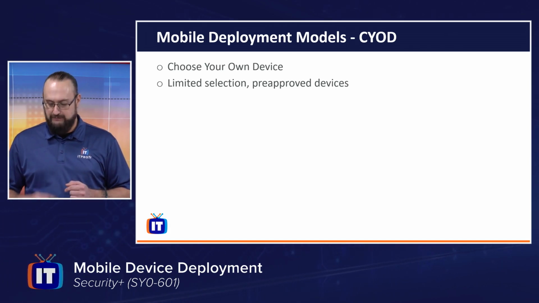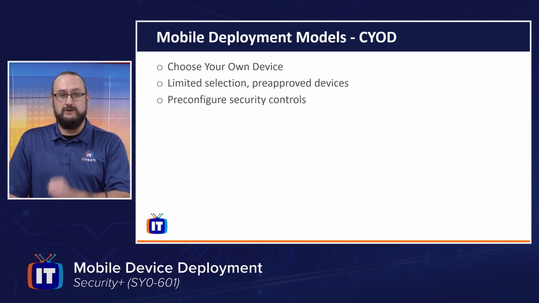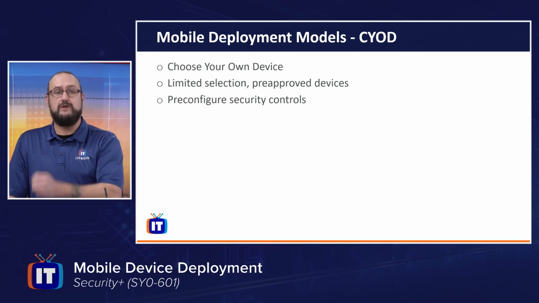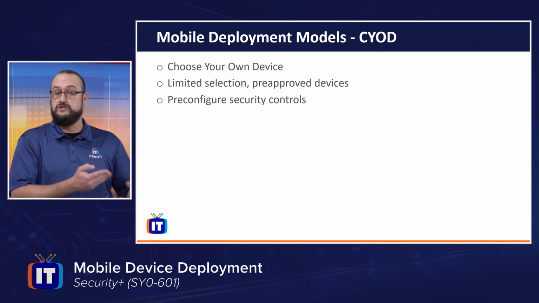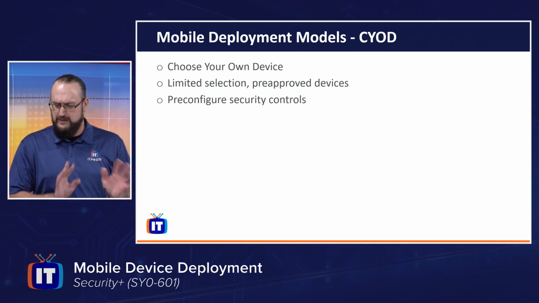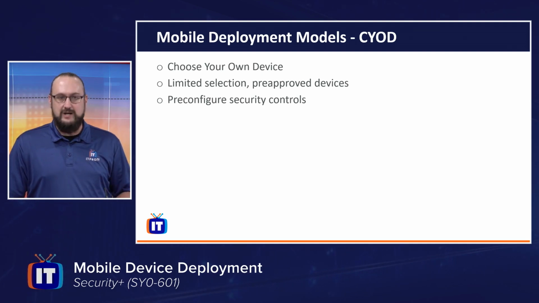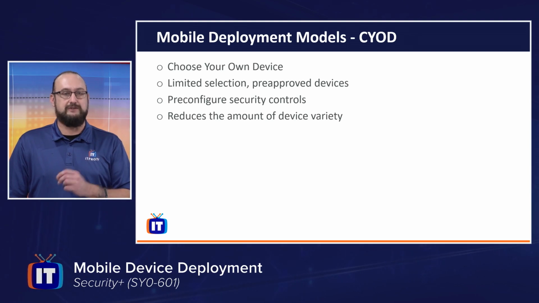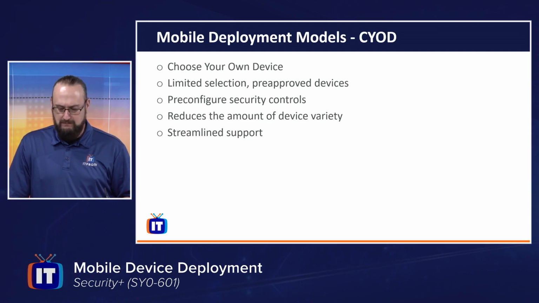These are pre-approved devices because your company can have pre-configured security controls, right? They can pre-configure the security controls and then just give you the device that you can choose, right? So you've got a little bit of flexibility. Not as much flexibility and choice as BYOD, right? So from the employee standpoint, but it does reduce the amount of device variety, and it helps to streamline the support a little bit more.